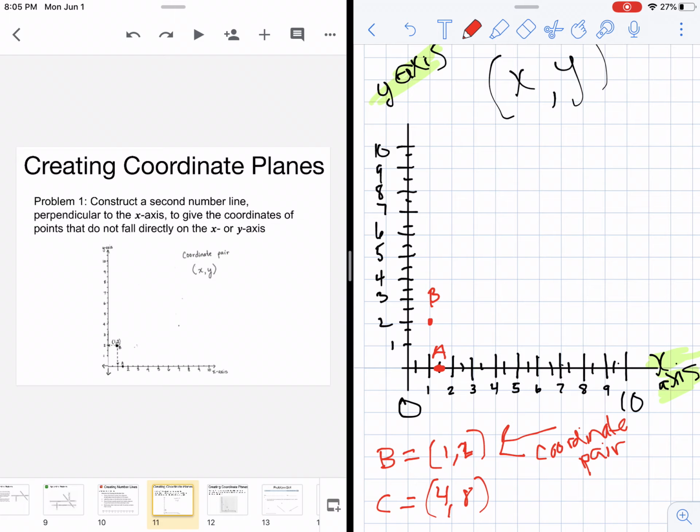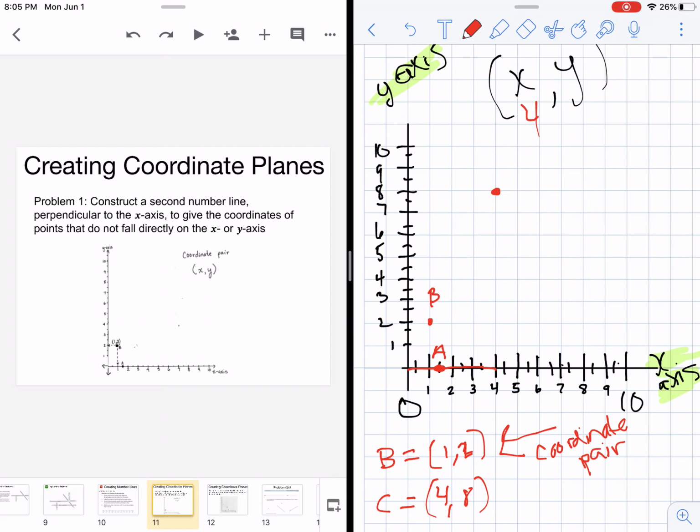So 4 is in our X. So it's over 4 horizontally. So make your way over to 4 and then all the way up to 8.